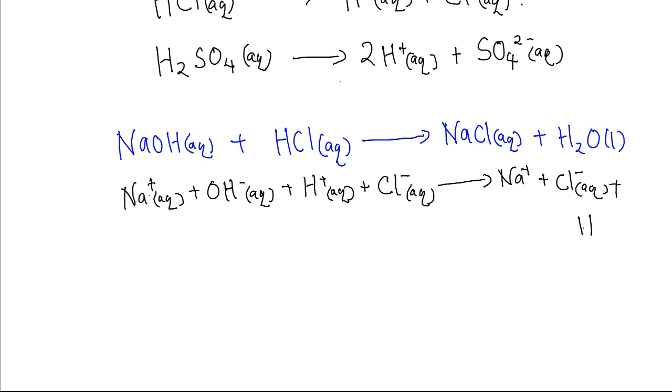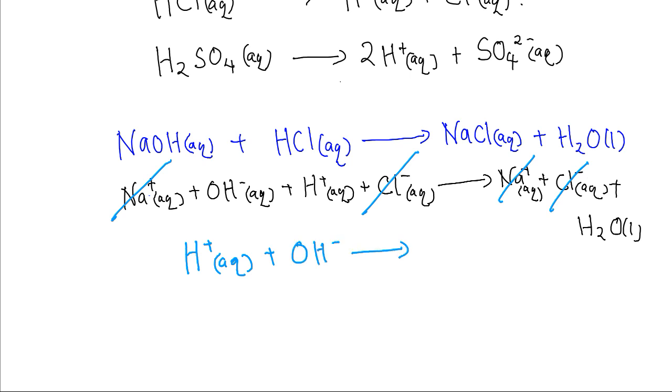Then water does not ionize, and that's why we have water just in liquid state. To cancel out spectator ions, we have sodium, sodium, chloride, chloride, and that gives hydrogen ion plus hydroxyl ion, forming water.